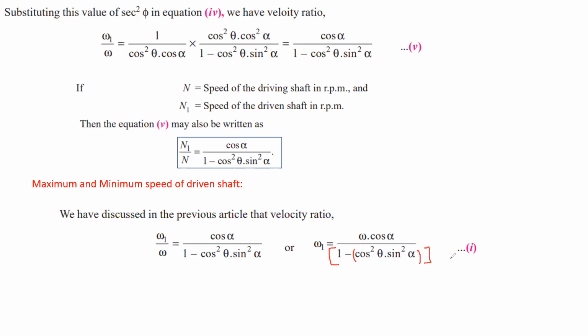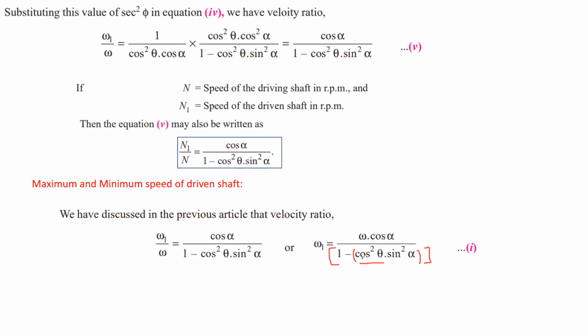Are you getting what I want? I want the square bracket to be minimum. So if I could maximize this factor cos square theta, then the maximum value will be subtracted from 1. Getting it or not? Yes, sir. Okay.